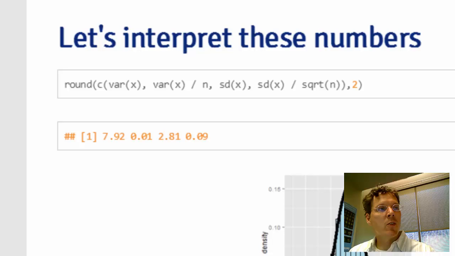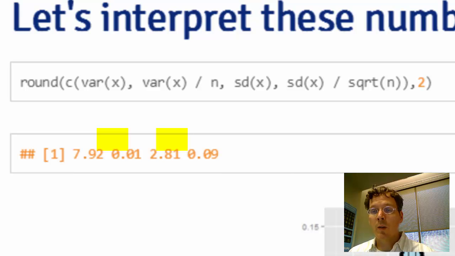So 7.92 and 2.81, the variance of x and the standard deviation of x, are simply talking about the variability in sons' heights from this data set, which are estimates of the population variability of sons' heights, if you're willing to assume that these sons are a random sample from some meaningful population. I like 2.81 in this case over 7.92 because 7.92 is expressed in inches squared and 2.81 is expressed in inches, so I like to work in the units rather than the units squared.